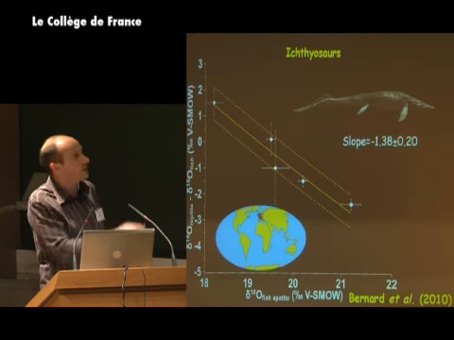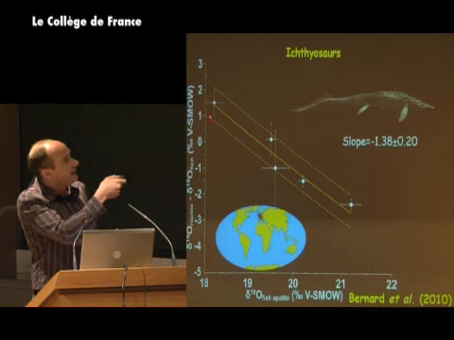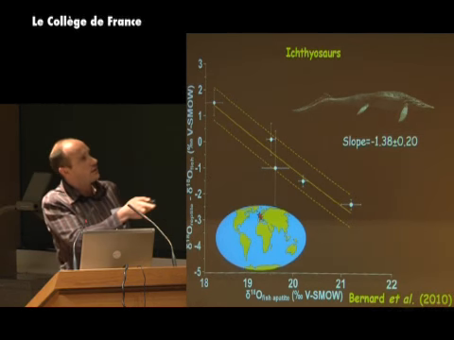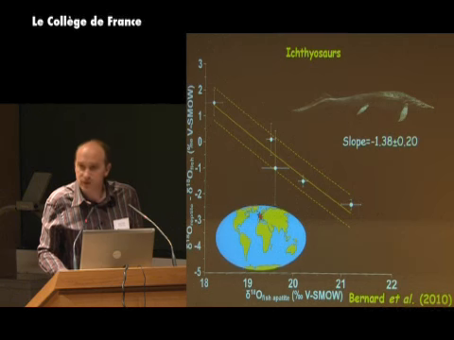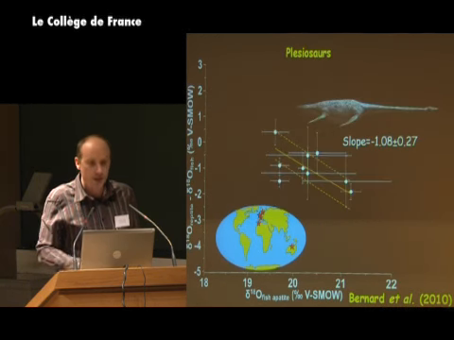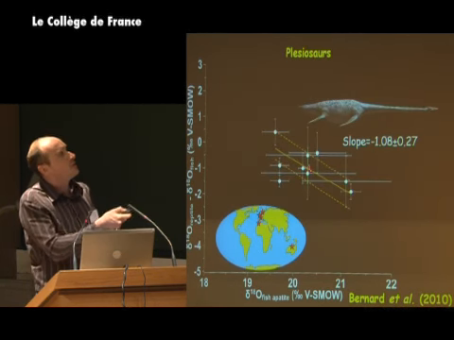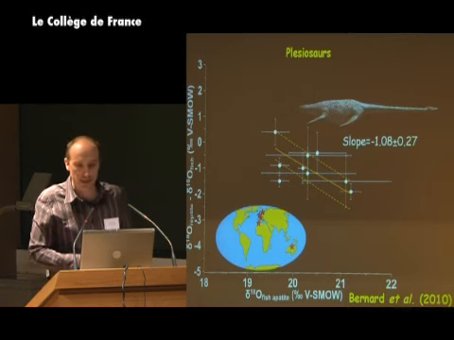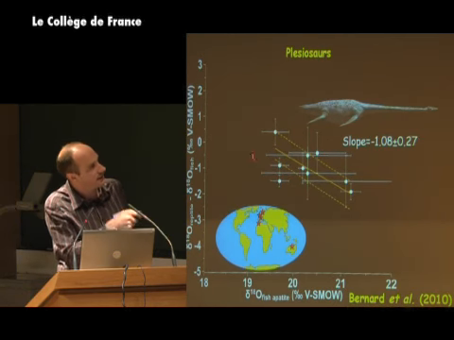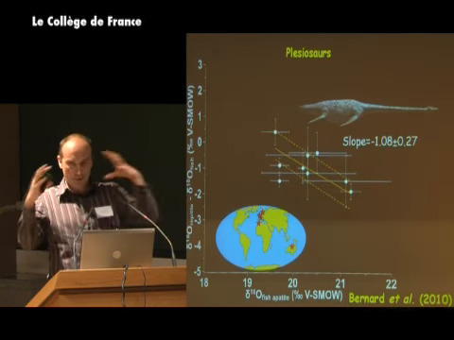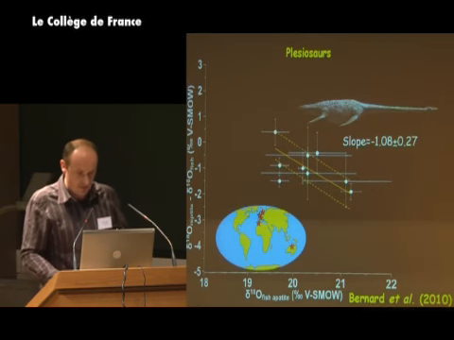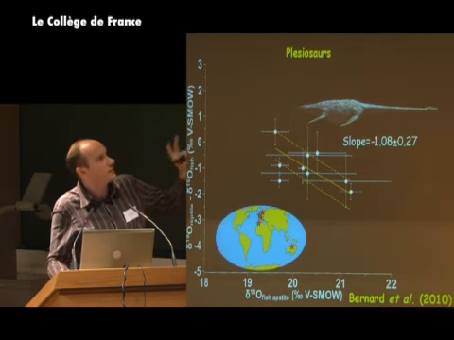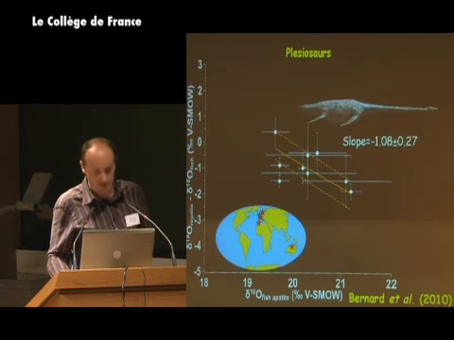And what we got for ichthyosaur is here, a slope of more than -1, a very steep slope. For plesiosaur, the slope was around -1, but as you can see, the value distribution is more grouped, so the data can be discussed.